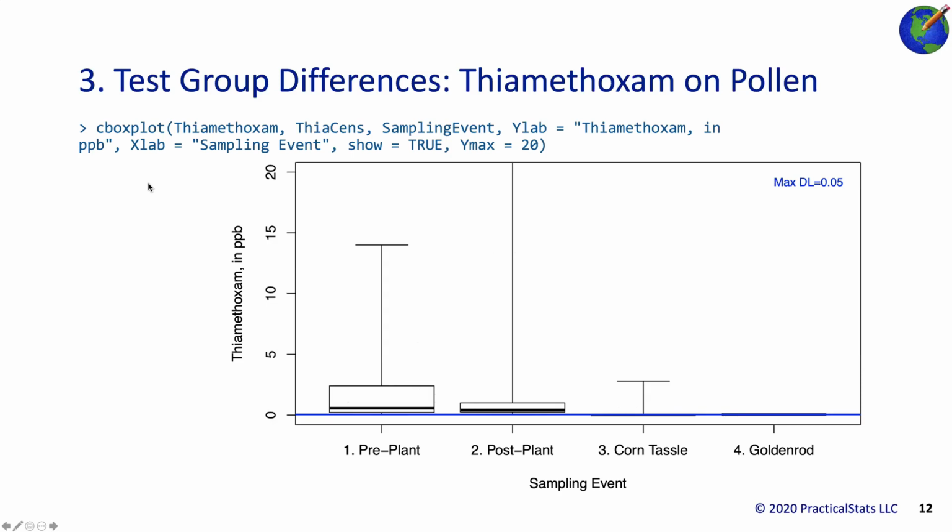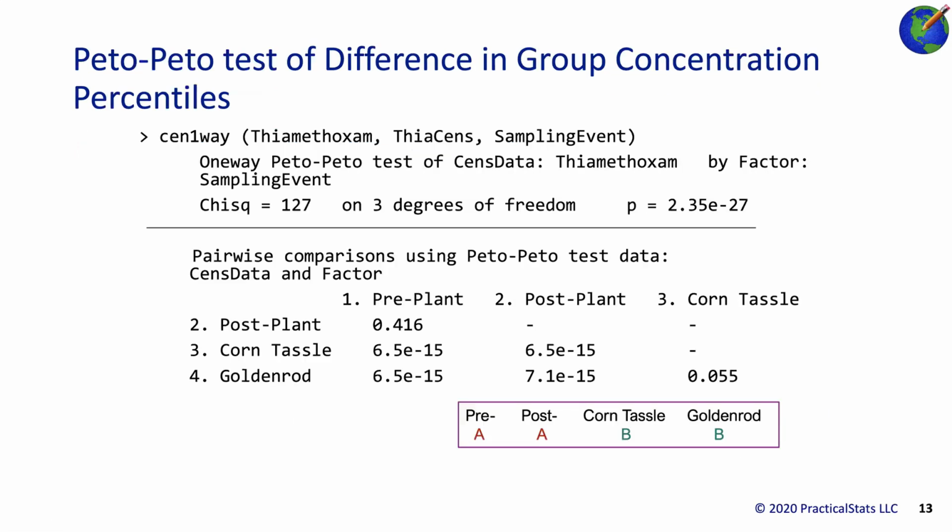And then after we've plotted the data, we could do a test. This is a non-parametric test. It's something like a censored version of the Kruskal-Wallis test. So it's a one-way or one-factor test. Do the concentrations for thiomethoxam differ by the sampling event categories, those 4 box plots that we saw earlier?